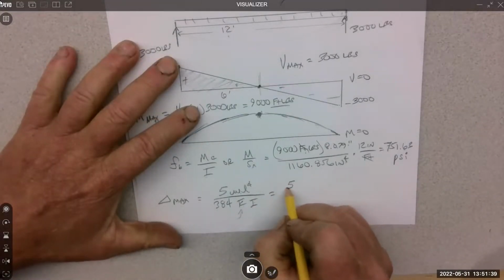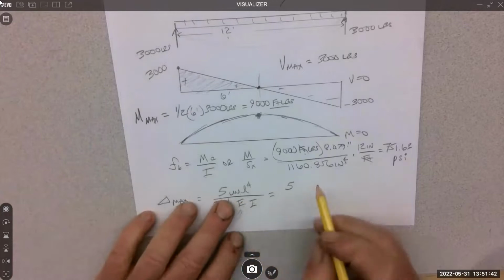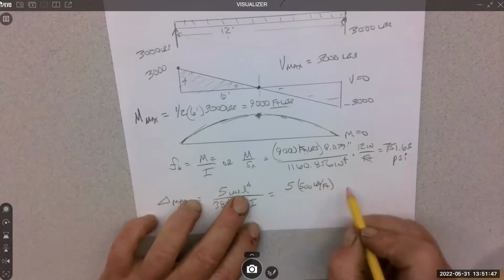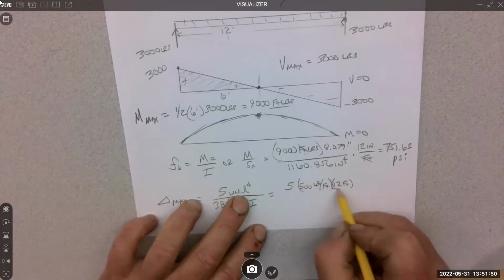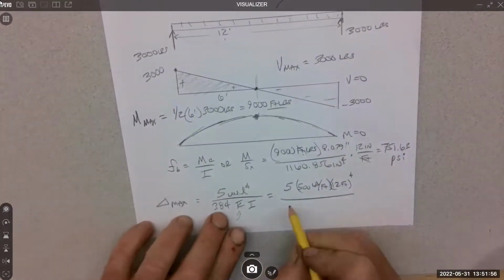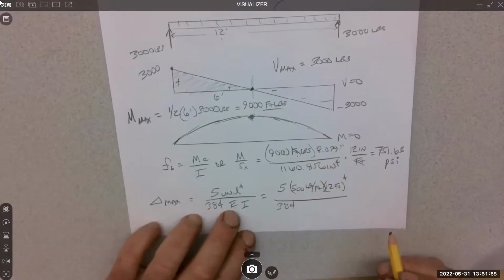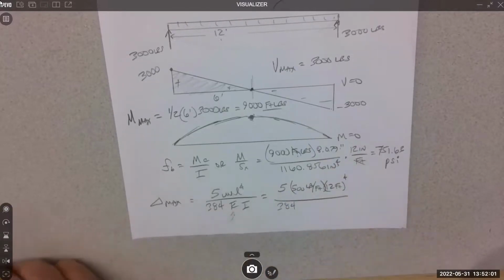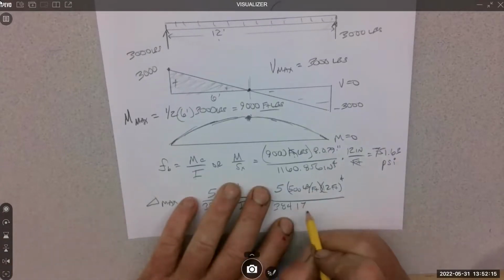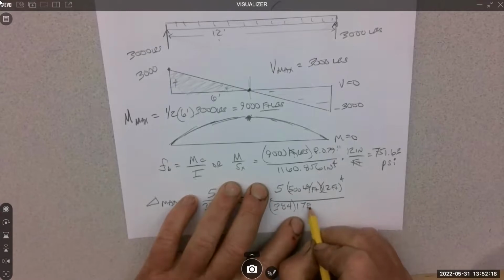So then I'm going to write it out and try and get the units all correct. 5 times W, which was 500 pounds per foot. L is 12 feet, and that's to the 4th, over 384 times E for Doug fir. Yeah, 1700 KSI, or 17 to the 5th PSI, right? So I'm going to write 17 E to the 5, in brackets.